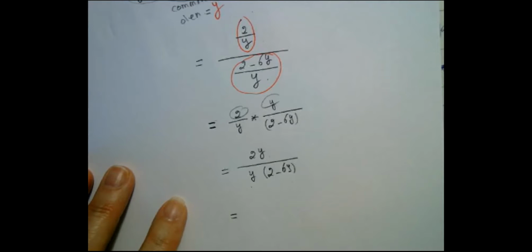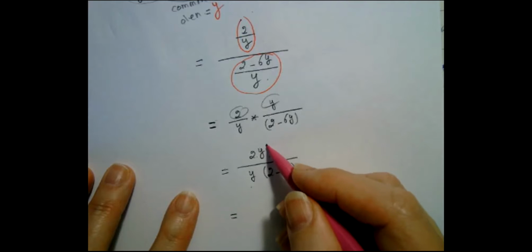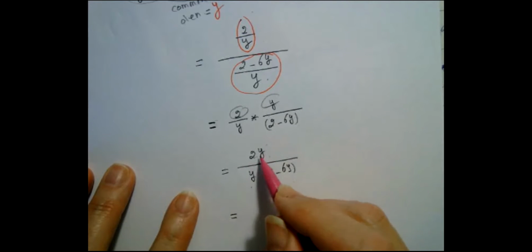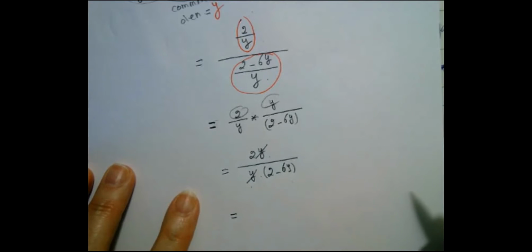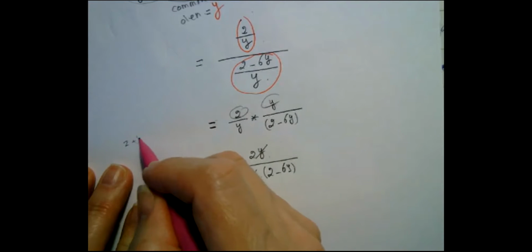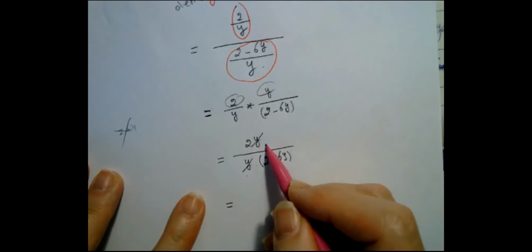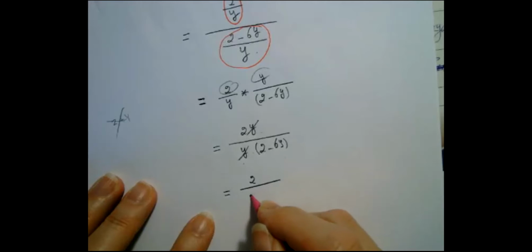Can you divide by y? Yeah. Why can we do that? Because you have y standing alone in the numerator and the denominator. Right. It's a factor. It means 2 times y and y times this. I can simplify them. I cannot simplify if you have 2 plus y. I cannot touch it. If you have 2 times something, y times this could be simplified, and it will leave me with that.